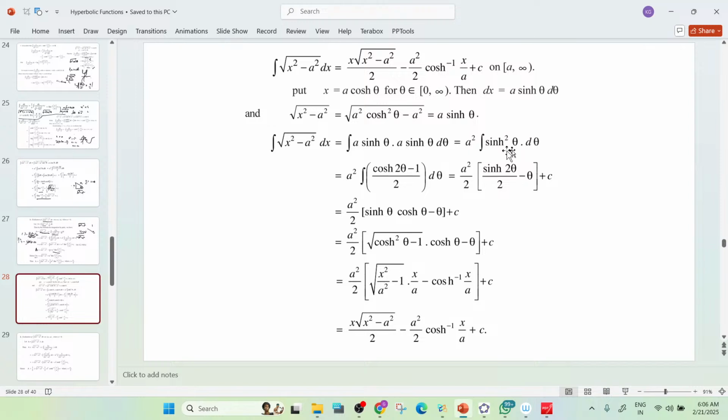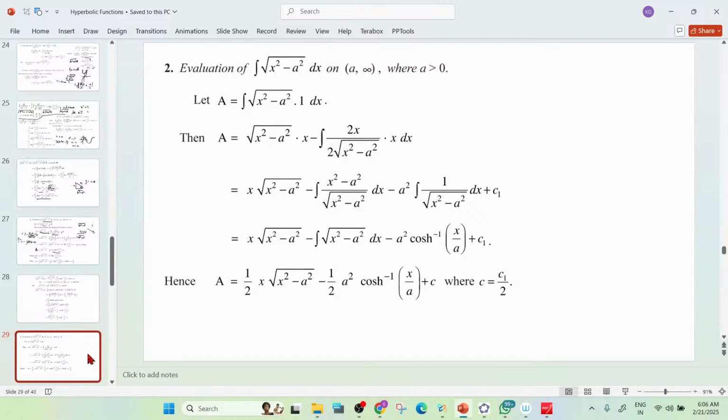And you already established the identity for sine h square in terms of cos 2h, and sine h 2 theta in terms of sine h and cos h. Because you know the identities, you are able to express everything in this form. So ultimately, you got this result using hyperbolic substitution.